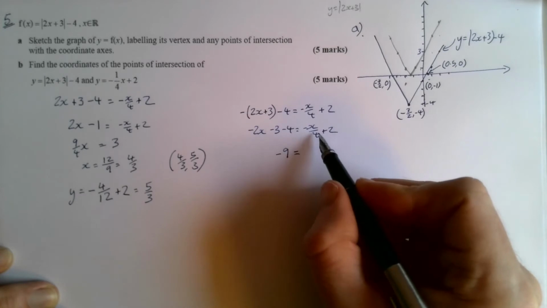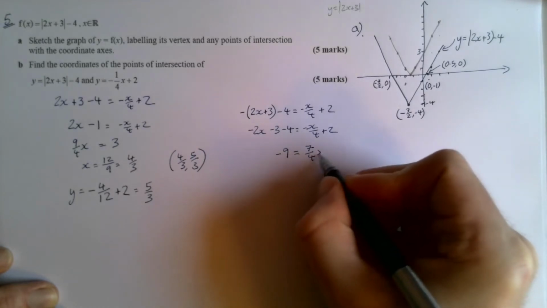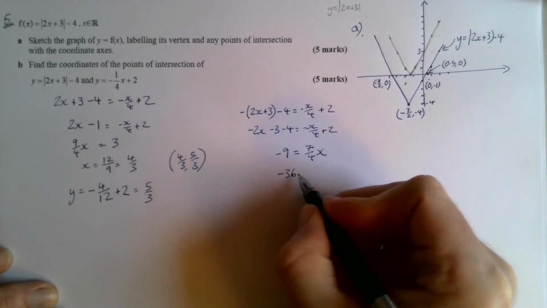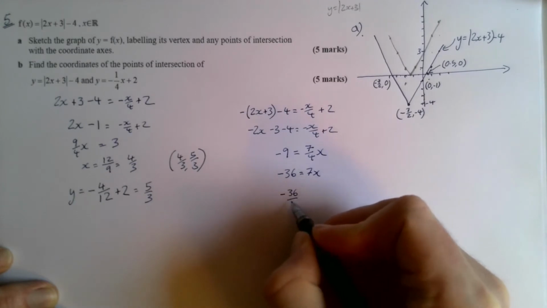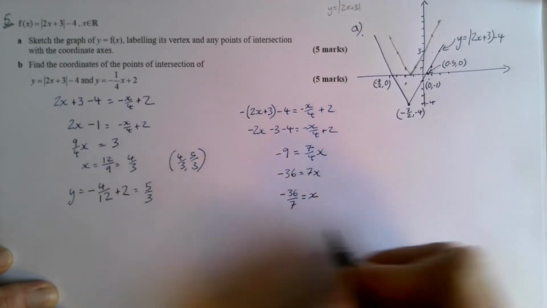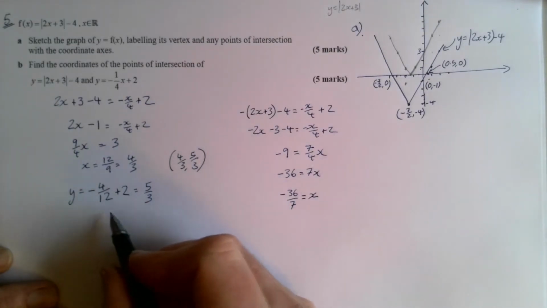Adding 2 to minus a quarter gets you plus 1 3/4 or plus 7 quarters of x. Multiply by 4 gives you negative 36 equals 7x. So negative 36 over 7 is x. Then we substitute that value into the same thing that we had over here.